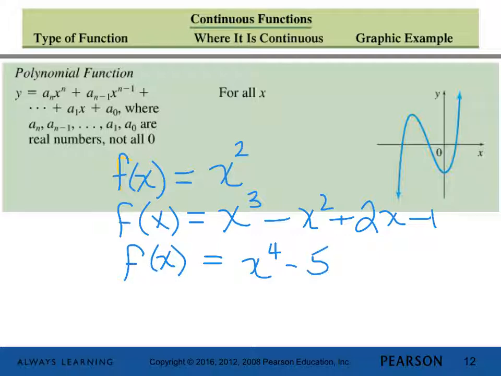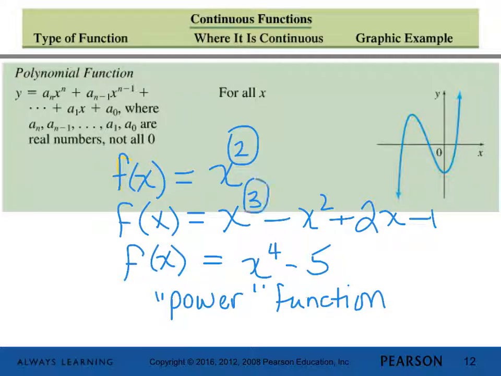So a polynomial function is also what we call a power function. And you may remember from Math 1630 that the power function refers to the fact that the x variable has powers on it other than 1. And those powers will tell you how many times that function turns. For example, the quadratic function turns once. That's what f of x equals x squared looks like.